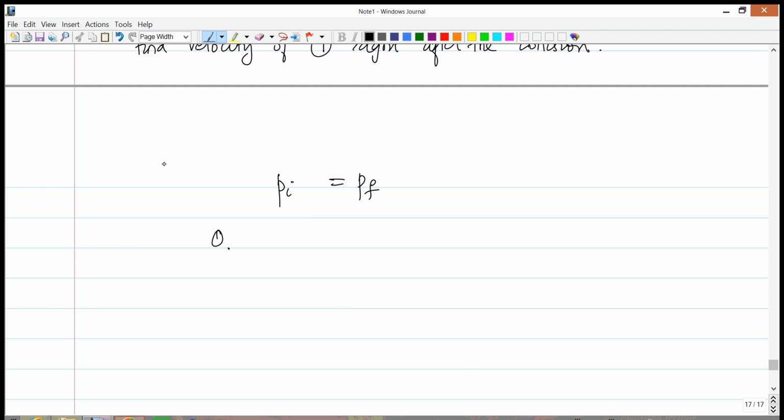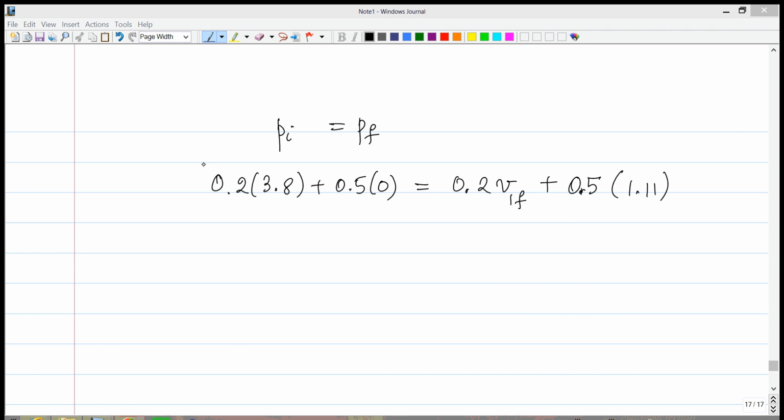So what we have is 0.2 times 3.8 plus 0.5 times 0, because block 2 was initially at rest, and this is equal to 0.2 times v1f plus 0.5 times 1.11. Right? There is simple algebra right here, and we get 0.76 is equal to 0.2 v1f plus 0.5 of 1.11.